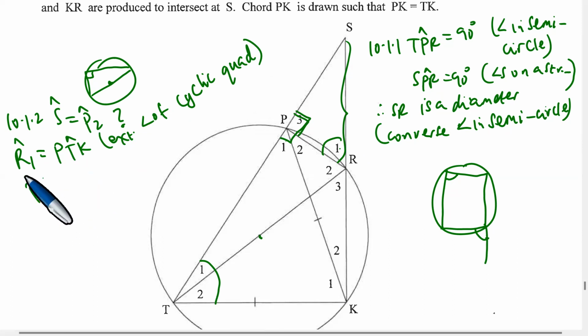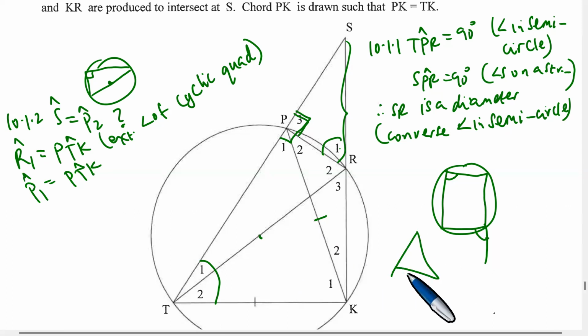You have P1 is equal to PTK. Angle P1 is equal to PTK because this is an isosceles triangle.